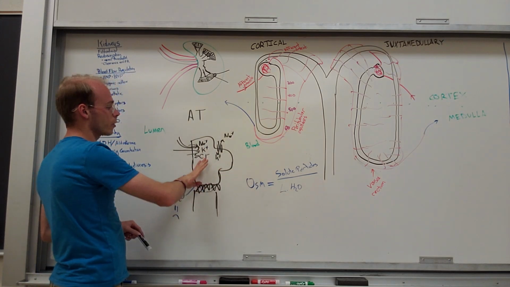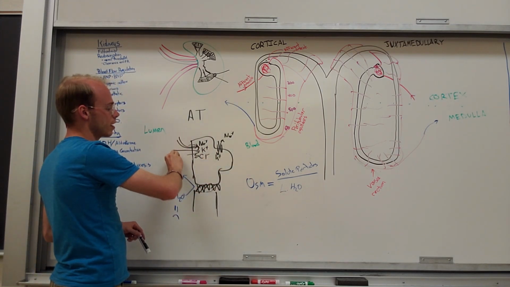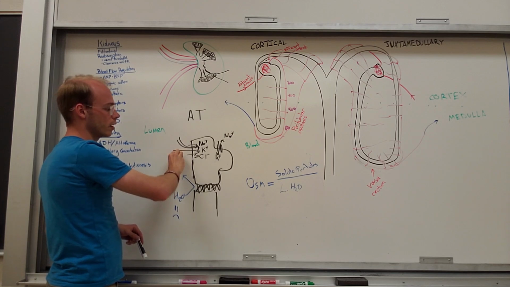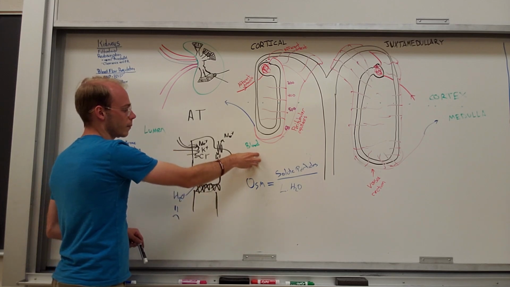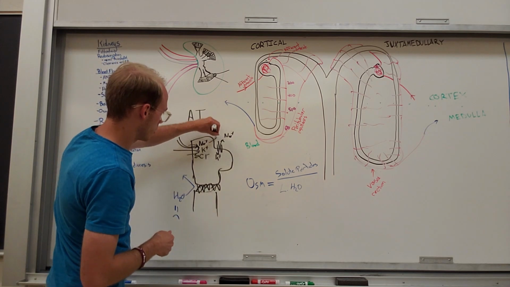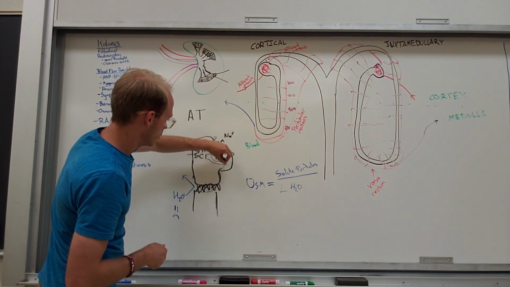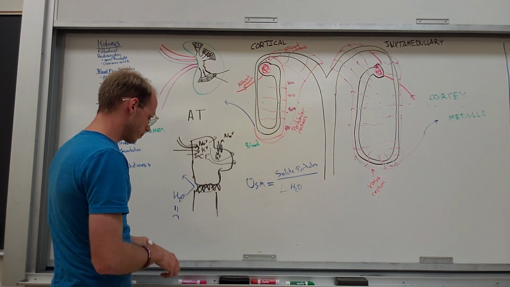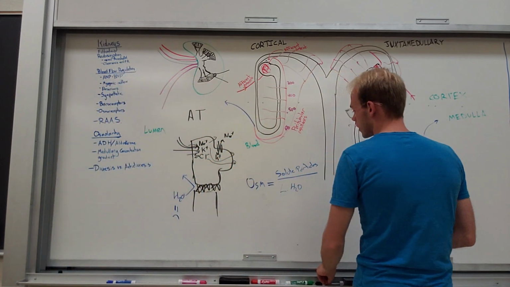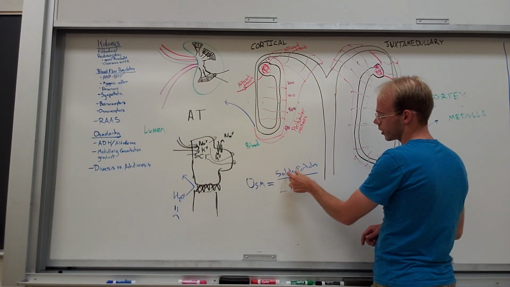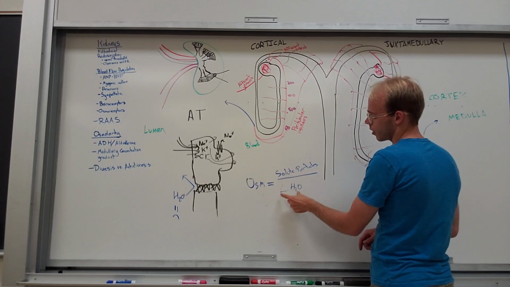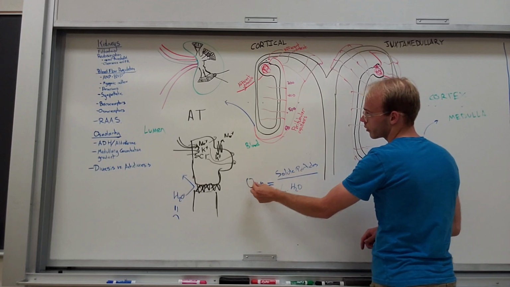And so now we're starting to decrease the amount of solutes here, but not change our water. And those are all going to end up in the blood. Draw little lines here. And so now that starts decreasing our solutes, which decreases osmolarity.